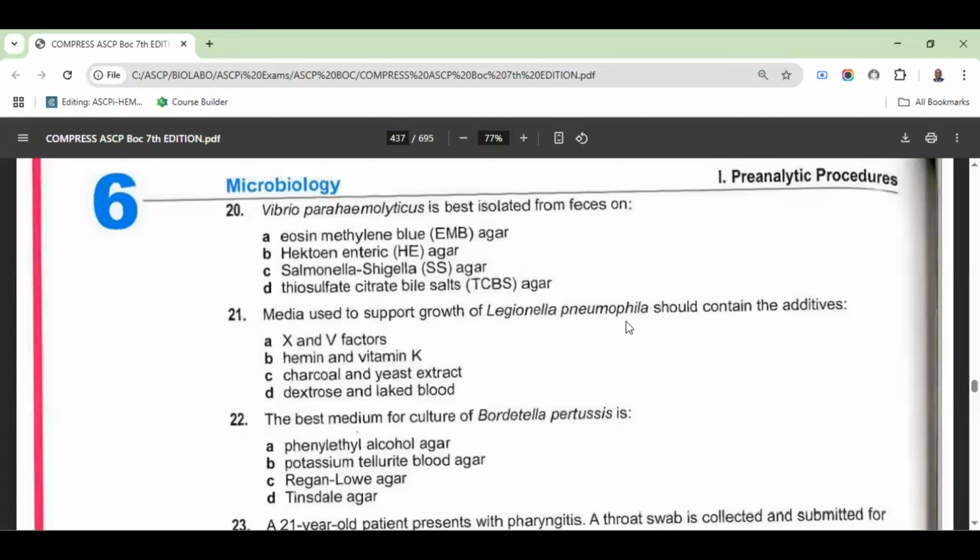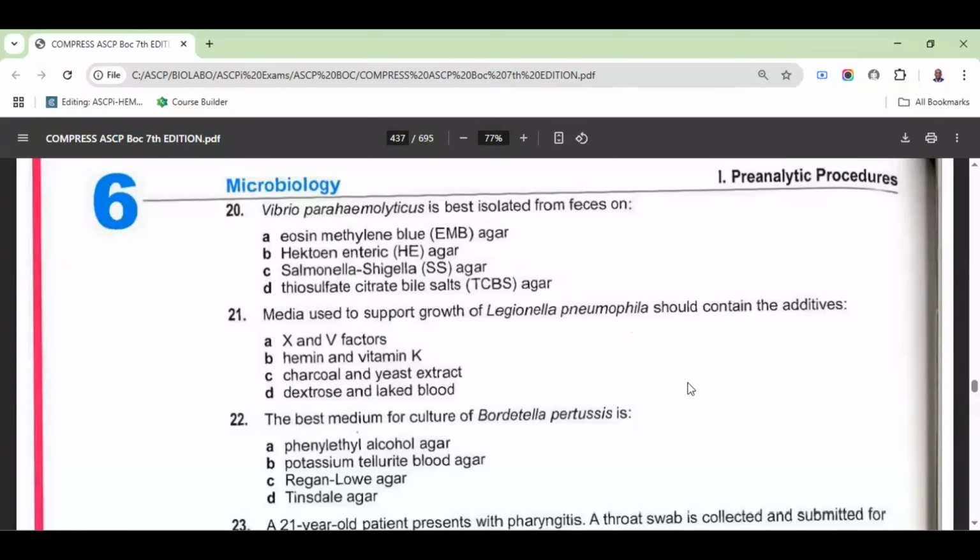Let's answer it, no problem. Media used to support growth of Legionella pneumophila should contain which additive? Yeast extract, charcoal and yeast extract. Yes, the one we have been talking about always, every day.